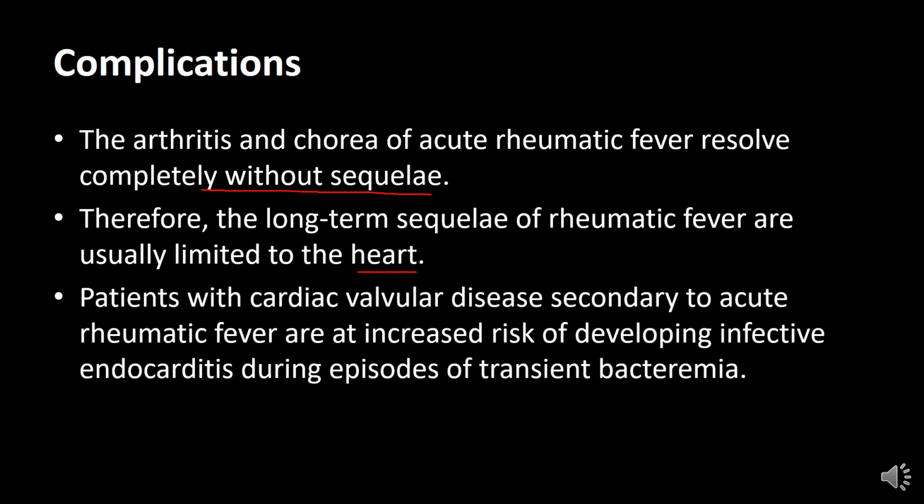Those patients who present with valvular disease secondary to acute rheumatic fever are usually at an increased risk of developing infective endocarditis. So infective endocarditis becomes a complication. This can occur anytime there is bacteremia from whatever cause.